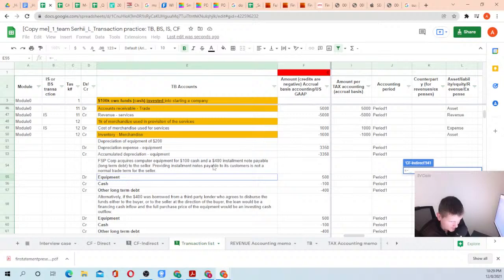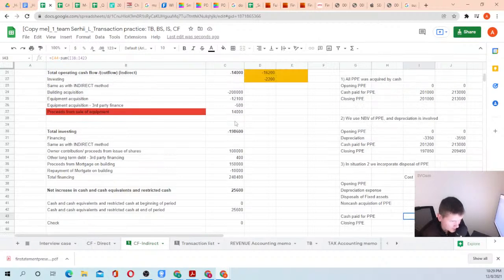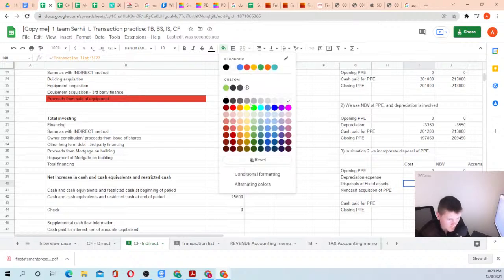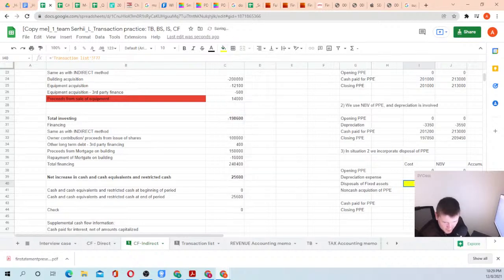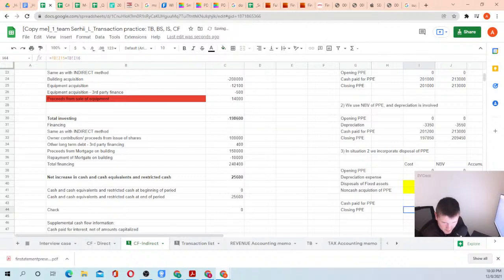So that is payable to seller, and it should be negative. 12,600. Let's see what I have here. 212,000 and 1,600. So finally, we got that number from our transactions, and we got that number from our transactions.